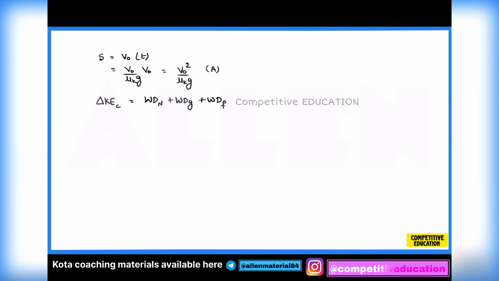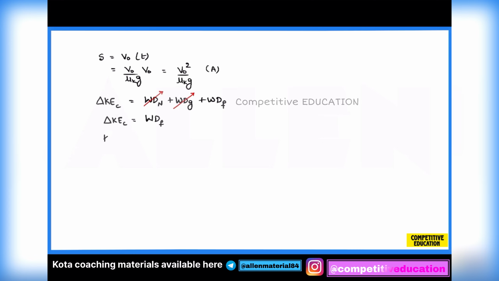Okay, now work done by normal and gravity is 0. Why? Because displacement is in perpendicular direction to these forces. So I can write the change in kinetic energy with respect to conveyor belt will be work done by friction force. I've used the work energy theorem over here.